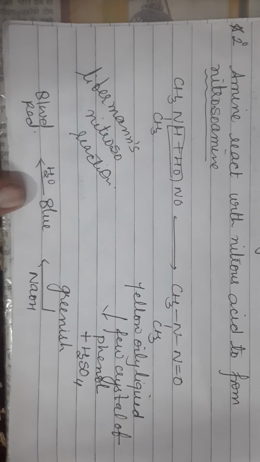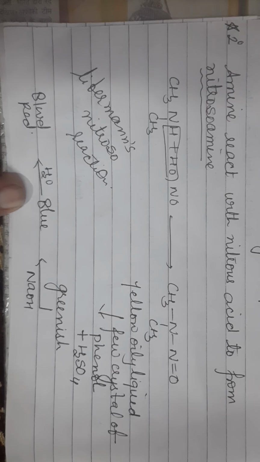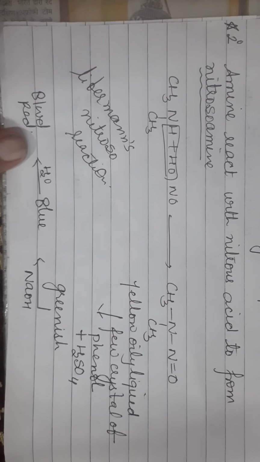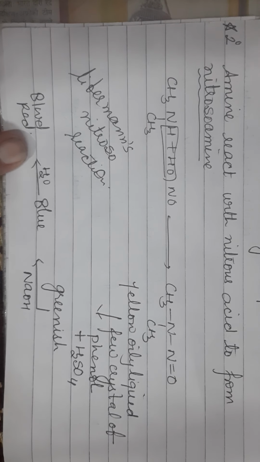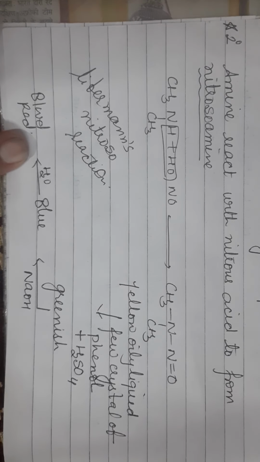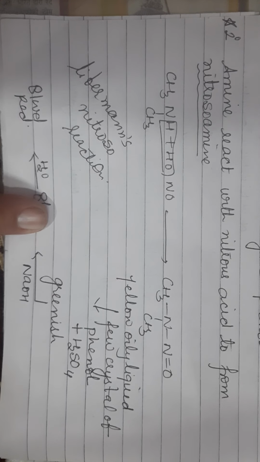The yellow oily liquid is converted into greenish color. When we add sodium hydroxide to this green color, then its color changes to blue, and when we add water to dilute it, then its color changes to blood red. This is called Liebermann's nitroso reaction. This test is only given by secondary amines.